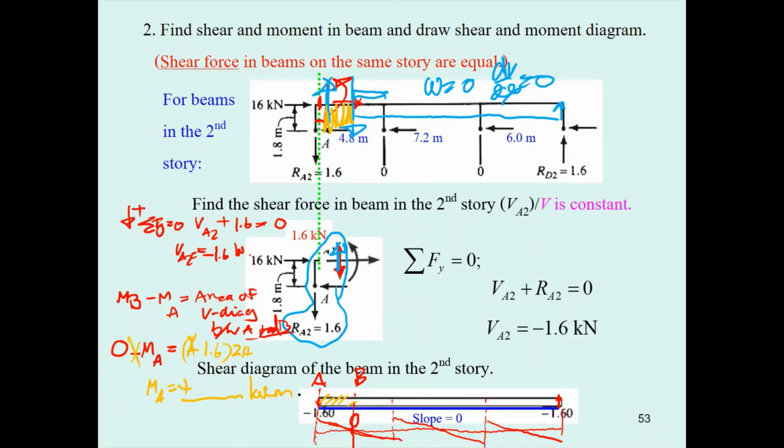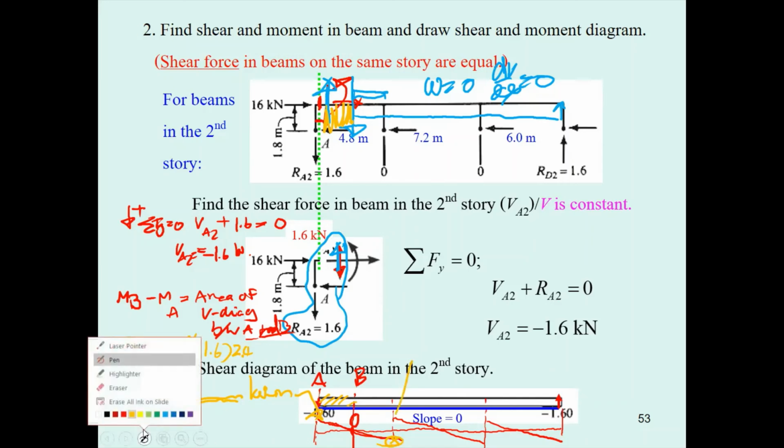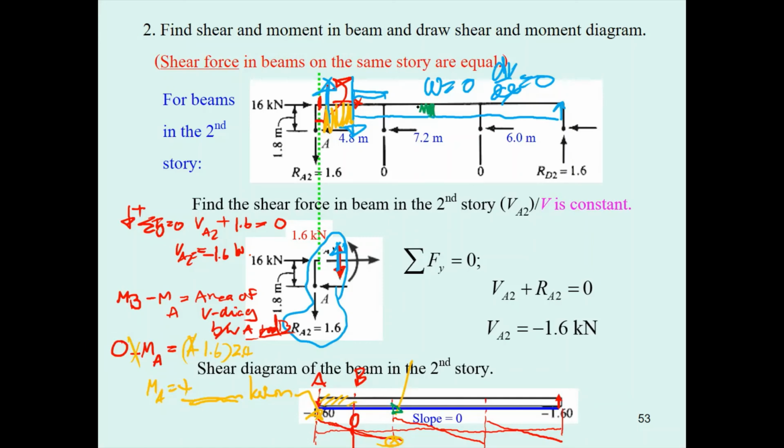So you will get M sub A equal to something in kilonewton meter. You get this one to be the positive value, and this one will be the same value but negative. Based on this, I can determine the moment here equal to the area here, which is minus 1.6 times 7.2 divided by 2.